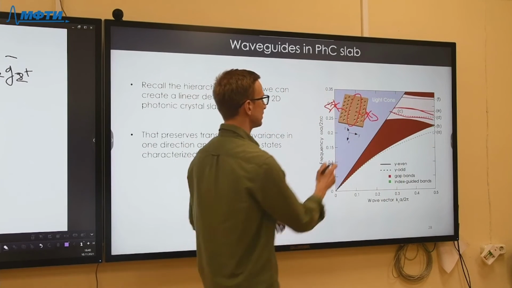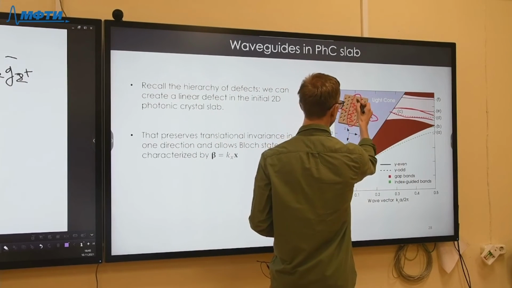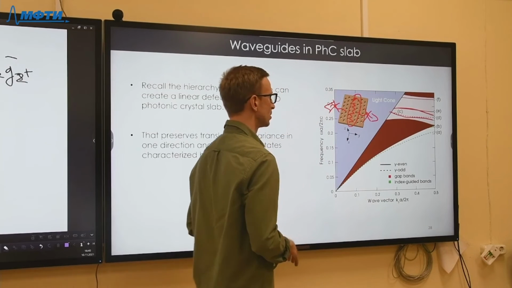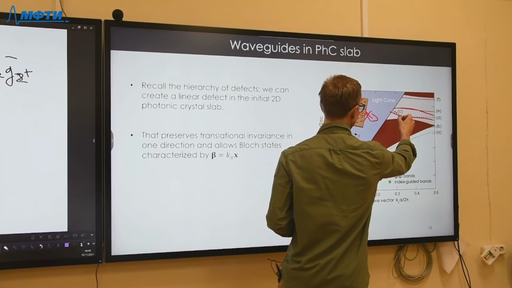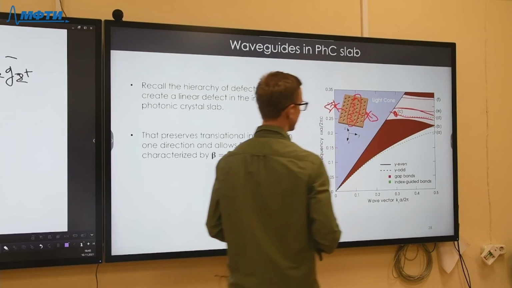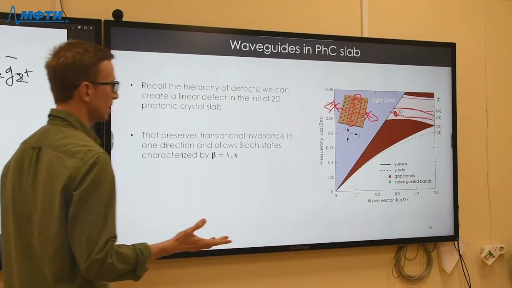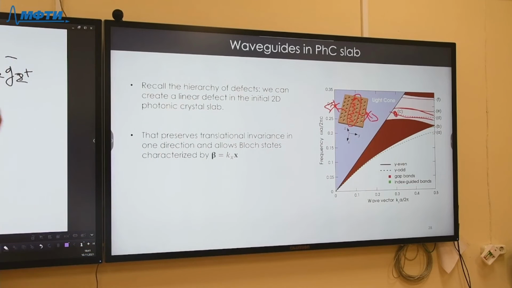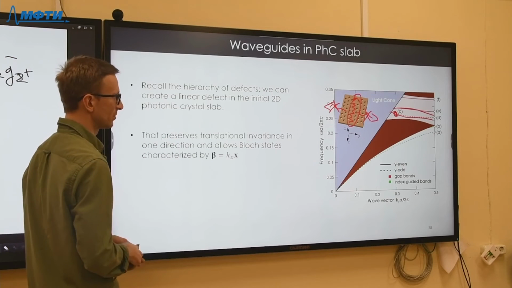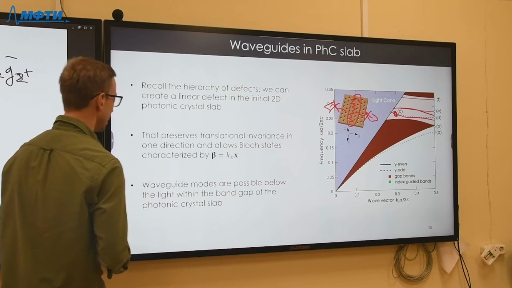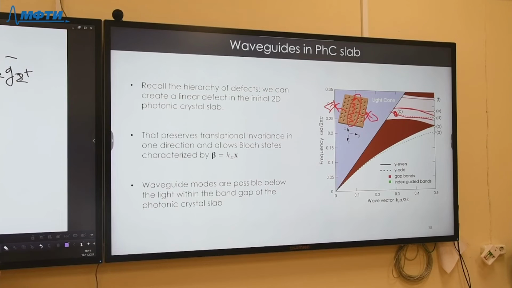It does have Bloch form in this direction, so it's a single wave vector, and if that mode lies below the light line, it will be protected from radiation. So this is in fact a perfect waveguide mode that propagates along the given direction, and it is protected by the light line and by the surrounding bandgap of the photonic crystal at the same time.